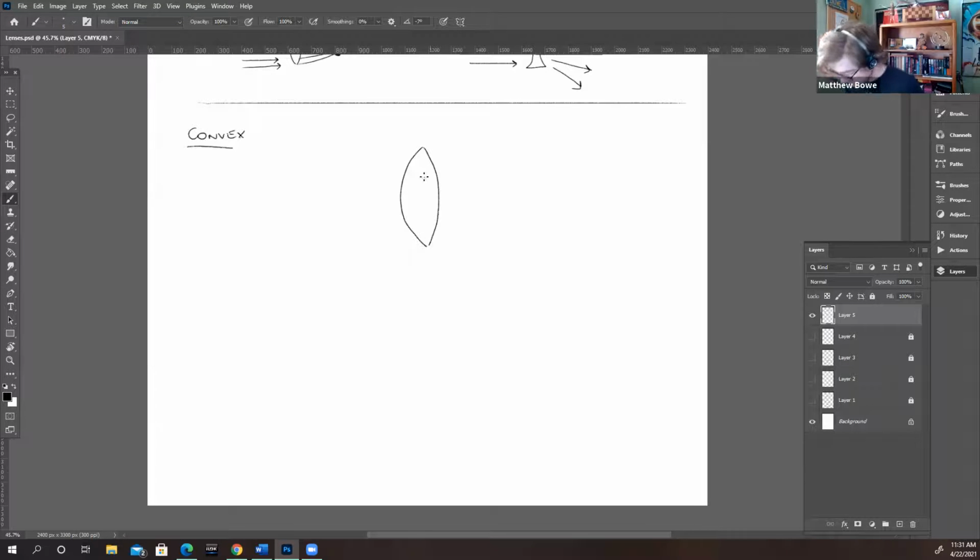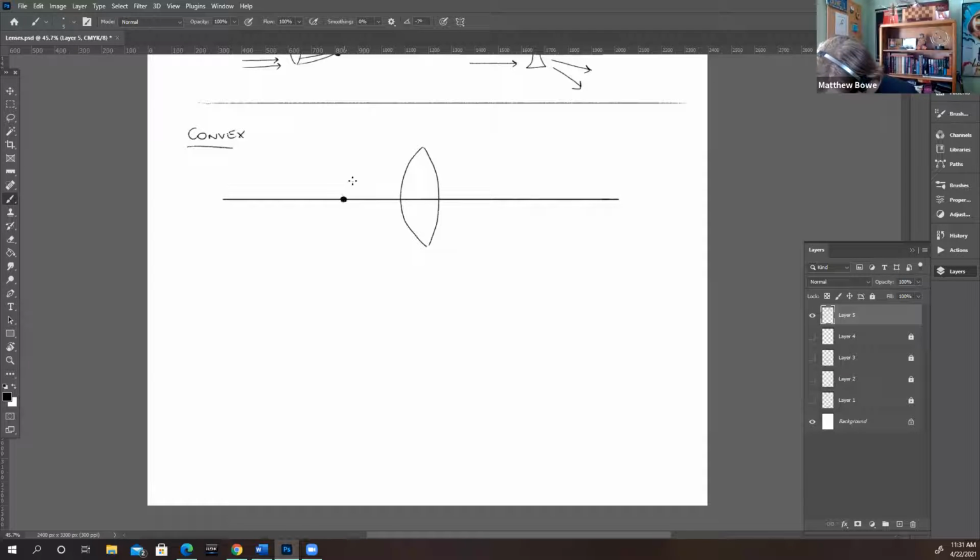I didn't draw it the best, but let's say it's symmetric. Okay, there's the optic axis, and it has two focal points on each side of the lens.